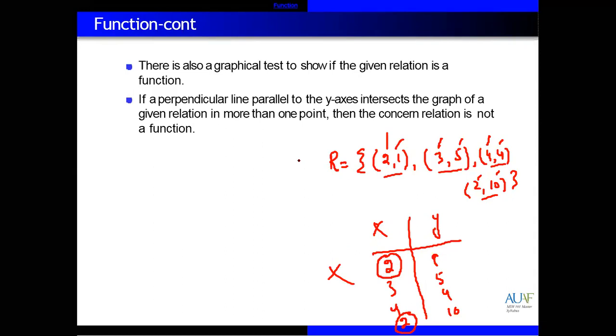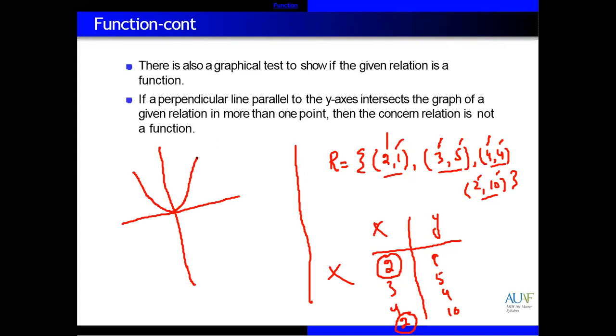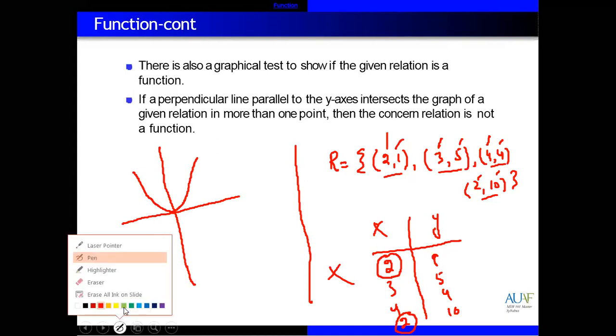Or if these relations are given and you draw a graph of these points, for example, let's suppose we have this graph, a parabola. How can we prove whether this is a function or not? For this, we have the vertical line test, a graphical test.